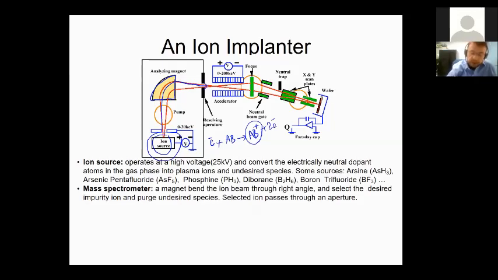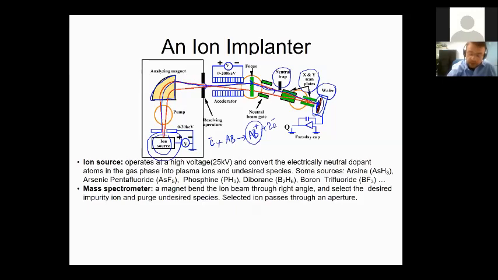And then we will speed them up to high speeds, and we will make sure that they will find their position on the wafer surface. We will scan the wafer surface with some electrostatic plates. We will trap some neutral particles. If there are still some neutral particles here, we don't want to dope them on our wafer, of course, as foreign particles.